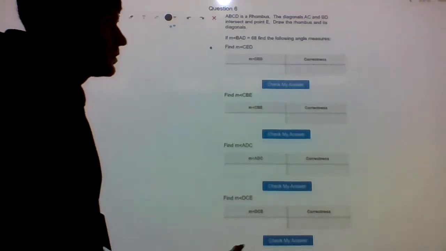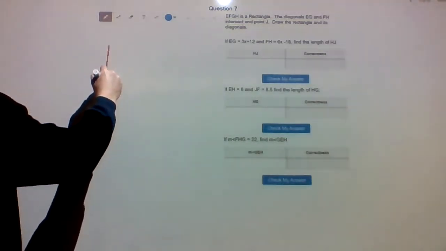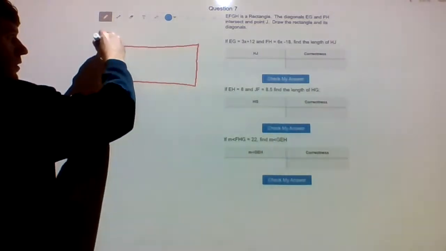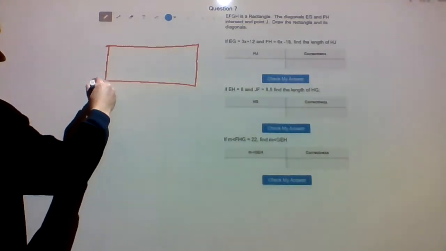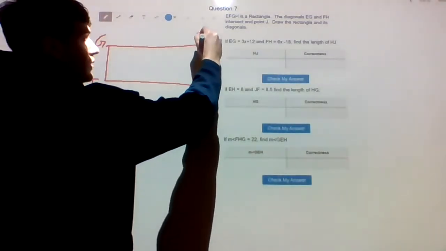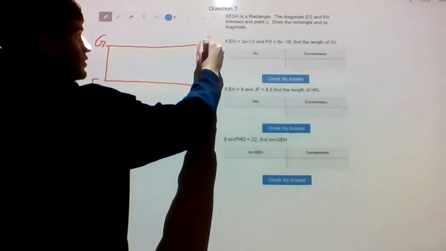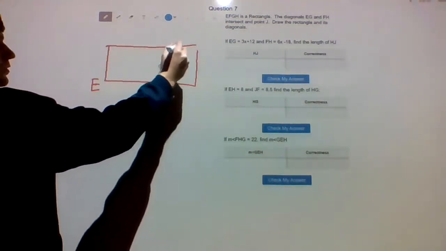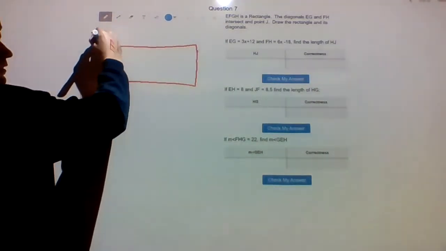Let's look at the next one, which is going to be a rectangle. Okay, so we can draw a rectangle EFGH. I don't know the alphabet very well.